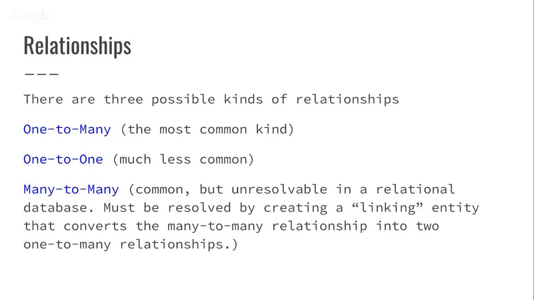It creates an ambiguity that it can't resolve, and it has to be resolved by creating a linking entity, and we'll talk about that. That converts the many-to-many into two one-to-many relationships. One author can have many books, one book can have many authors. There are a lot of relationships like that that have to be resolved.